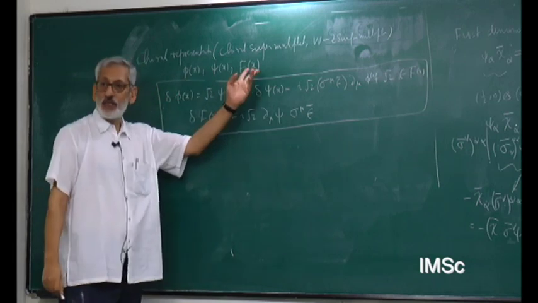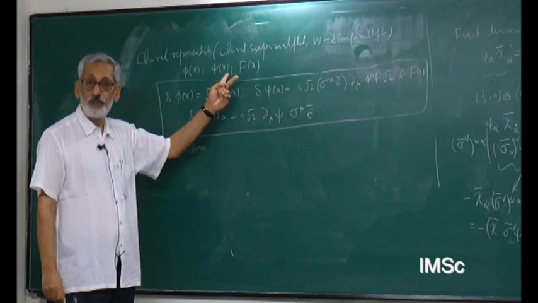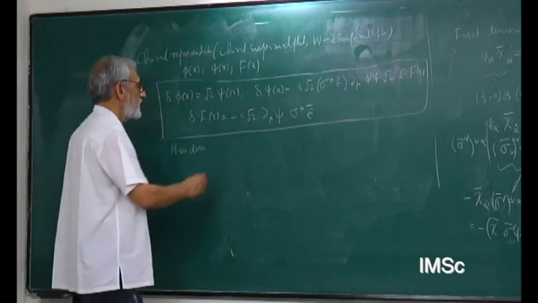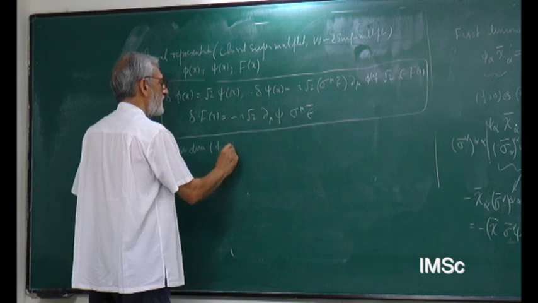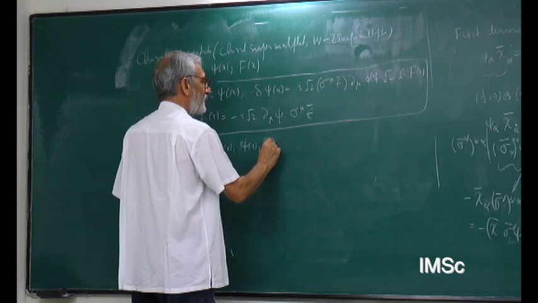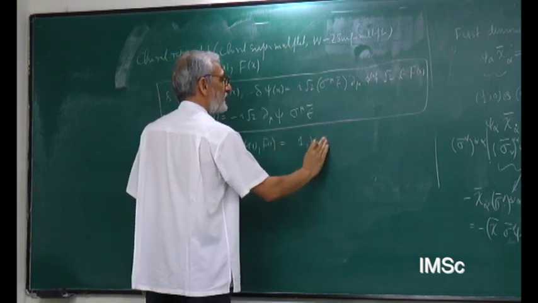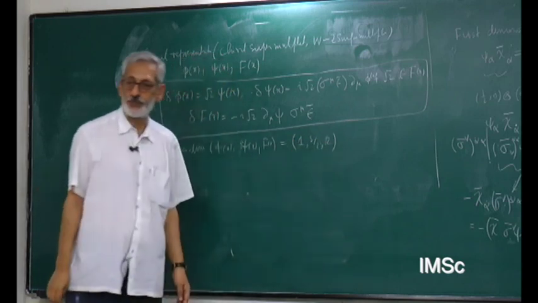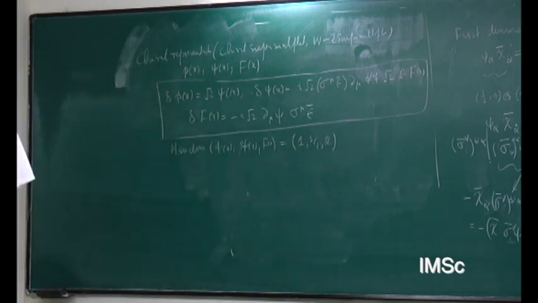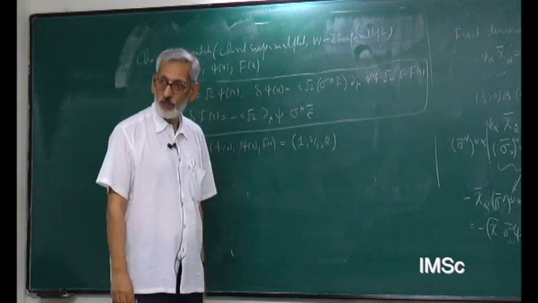The various components of this supermultiplet, the three components, two bosonic, one fermionic, have mass dimensions of phi, psi, and F are 1, 3/2 and 2. That's one observation.